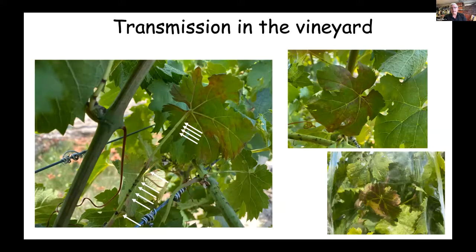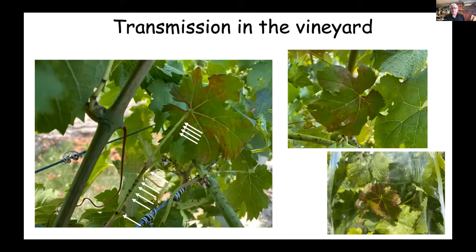We have done, like many colleagues, grape-to-grape transmissions, right? And most of us have failed to successfully transmit red blotch, or the transmission rates were so low that it was very frustrating. Although I had this real strong conviction that the three-cornered alfalfa hopper was actually one of the vectors, of the vector.